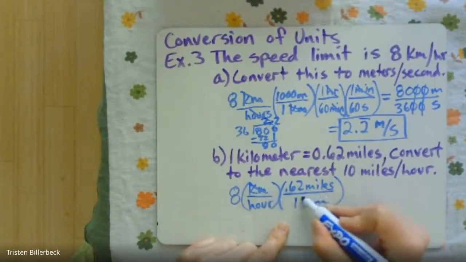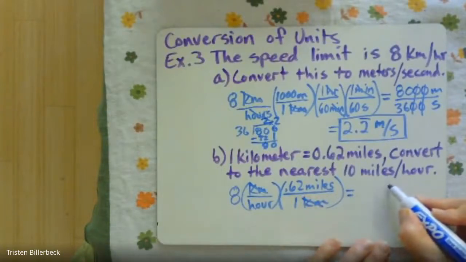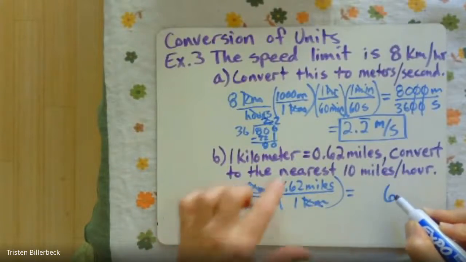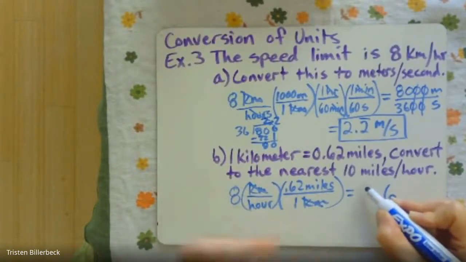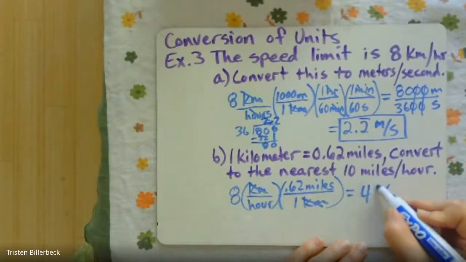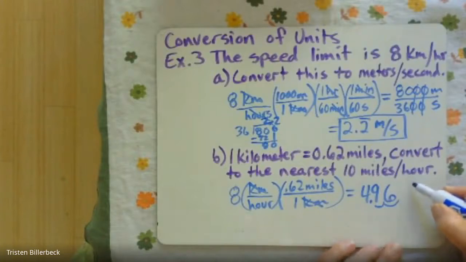So we cancel and we multiply 8 times 62. So that gives us 8 times 2 is 16, carry 1. And then 8 times 6 is 48, plus 1 is 49. And we move it over two decimal places. So we have miles per hour.